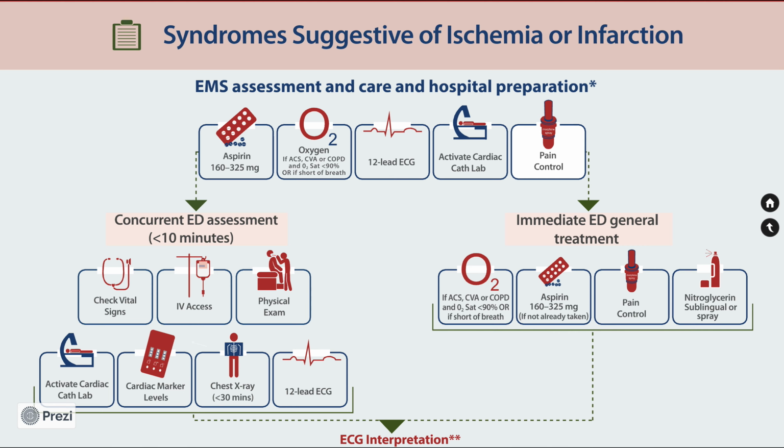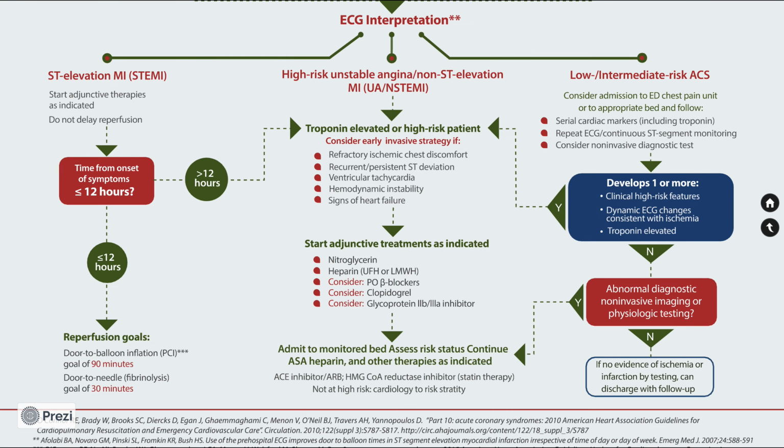As long as the patient can access a healthcare facility, an ECG has to be done because this will determine what kind of approach we will be having for the patient. Looking into the different types of acute coronary syndrome, we have an ST elevated MI, high risk unstable angina or a non ST elevated MI, and we have low or intermediate risk coronary syndromes.